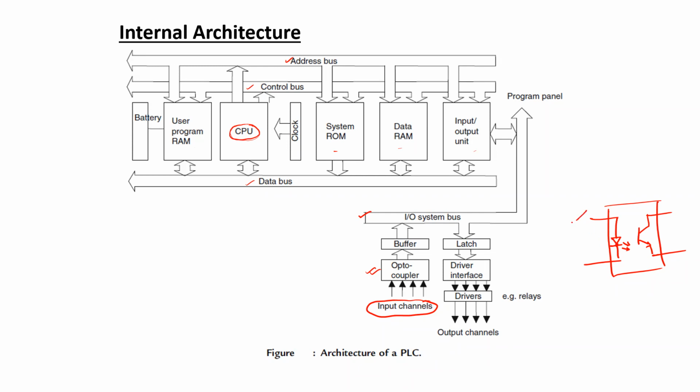Whenever this LED is connected with some input device, maybe a switch or a sensor and some input source, if there is any current flow through this LED inside the optocoupler, the LED will glow and it will trigger this phototransistor. So if any output device is connected, current will be flowing through the output device as well. Here the output is basically going to be transferring the signal towards the input-output unit.